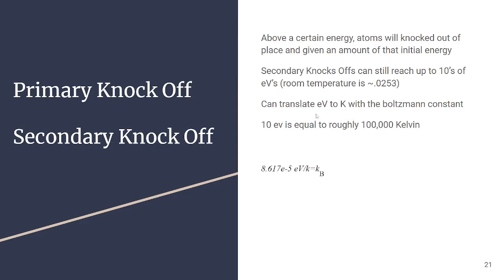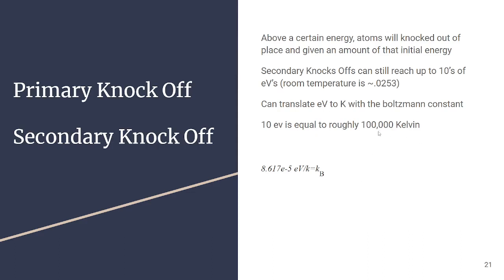But another thing you can do with these eVs is you can directly relate them to Kelvin with something called the Boltzmann constant. So eV per K is the Boltzmann constant. I'm not going to talk too much about this, but just saying you can translate it. And what this basically comes out to is that 10 eV is 100,000 Kelvin.